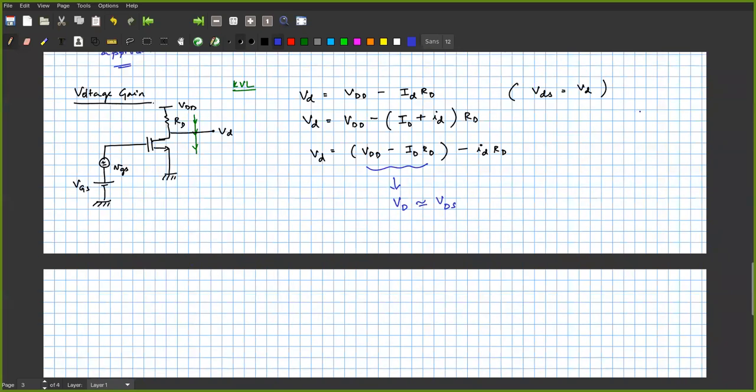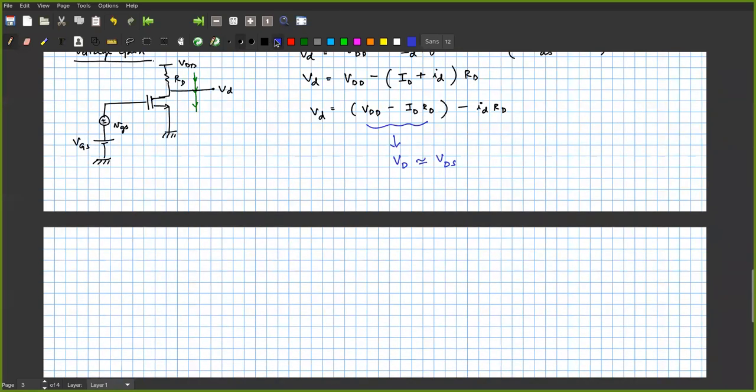But say for example, in this equation, if I consider only the ACs, the voltages and currents mainly due to the input signal, then I can write this capital VD will actually become small vd, and this capital VD will actually become 0, and you have id into RD.